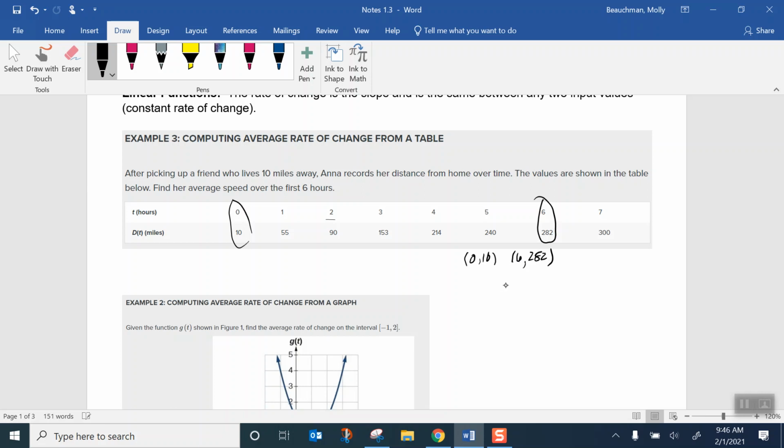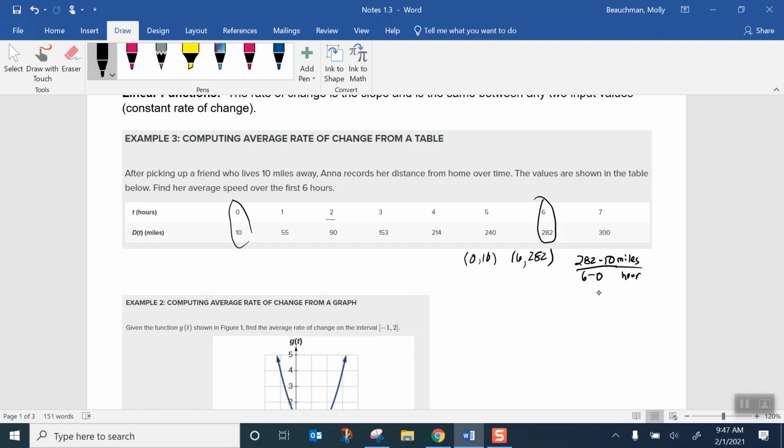So I want to find the change in miles, 282 minus 10, over the change in time, hours, which is 6 minus 0. And we're going to label miles per hour. So when we find our answer, we're going to label it in miles per hour.